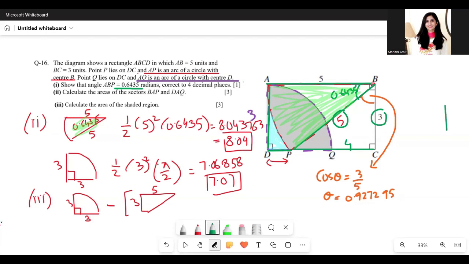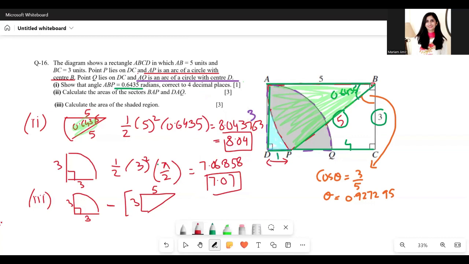Also please know that this is a very typical triangle that is usually given in the question. You have 5 as hypotenuse, and if you know one of the sides, for example, this is 3, then this will definitely be 4. Or if that's 3, then that's going to be 4. It's a very commonly asked right angle triangle. So without any working, you may write 4 here and then you may write 1 here.